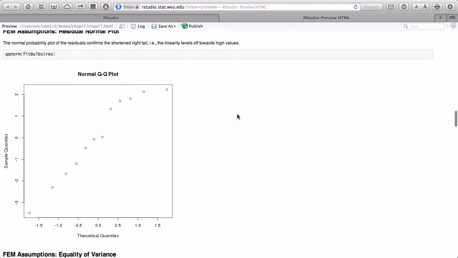But that's it. Now you notice you're asking the question, is it linear or not? Those are the residuals. It appears that it's somewhat linear, but there's always a group at the high end that seems separated from the rest of them.